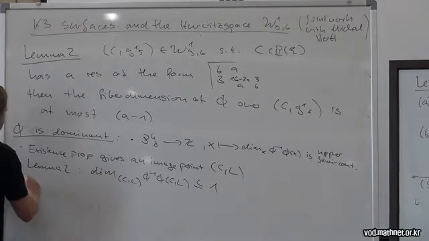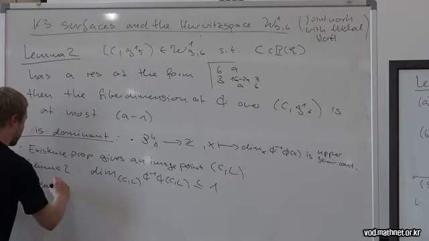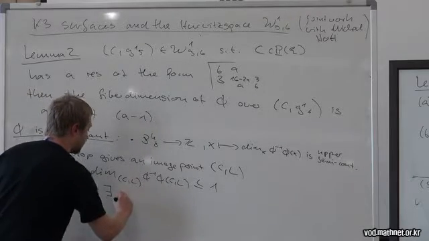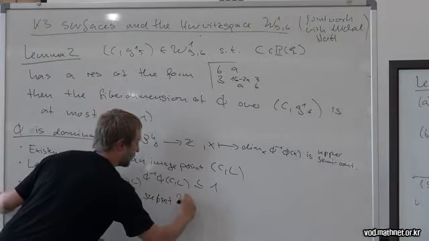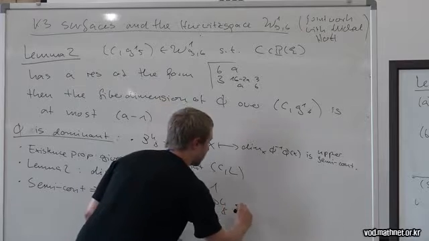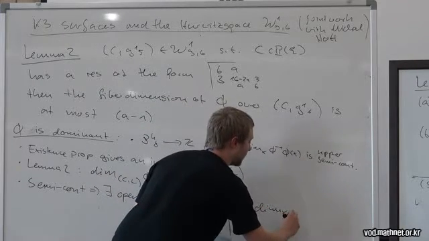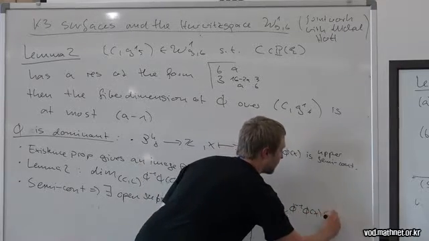And the semi-continuity now gives us this in an open subset U, such that the dimension at x of phi inverse of phi of x is smaller or equal than 1.